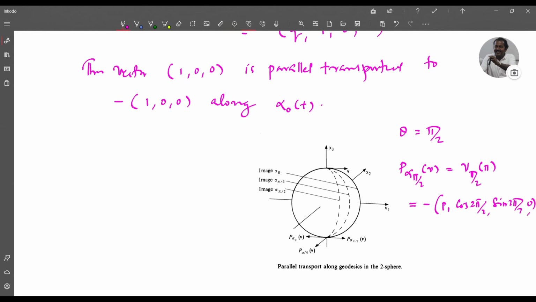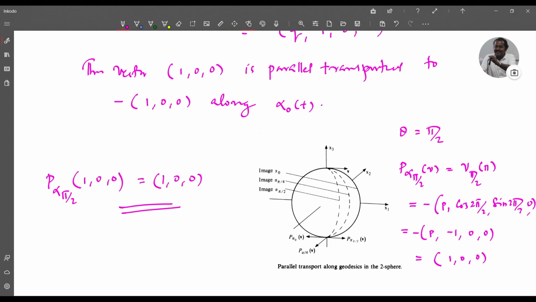So you can see that this is equal to the vector at P, cos 2 pi by 2, cos pi, this is minus 1, 0, 0. So this is actually (1, 0, 0). So the vector P alpha pi by 2 of (1, 0, 0) is (1, 0, 0) itself. So this is an example of a parallel transport along a geodesic on the two sphere.